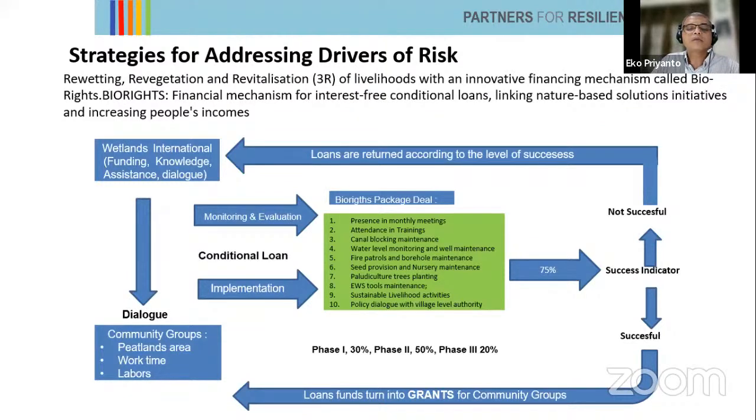While waiting, community groups receive assistance to increase their income. Group members are encouraged to fulfill the entire package of agreement or at least a certain percentage agreed upon at the outset. So, if this is achieved by 75%, the conditional loan will then be converted into a grant.